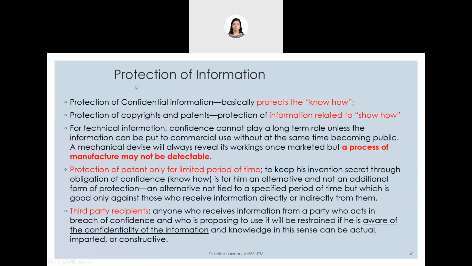So again, when you talk about protecting confidential information, it is about protecting the know-how. And when you protect copyrights and patents, it is about information related to show how. Right? Can you see know how? And the other is show how.